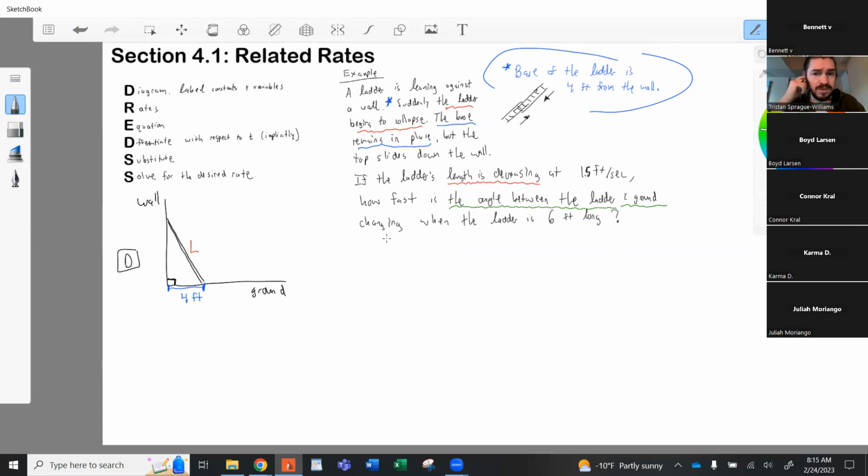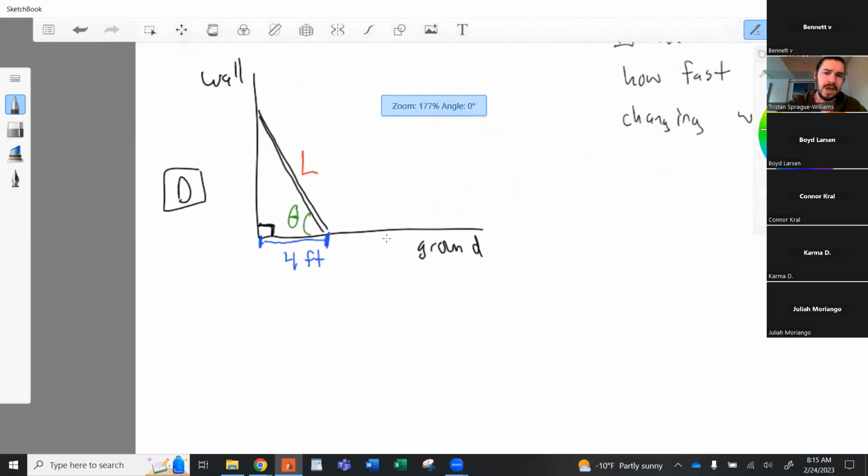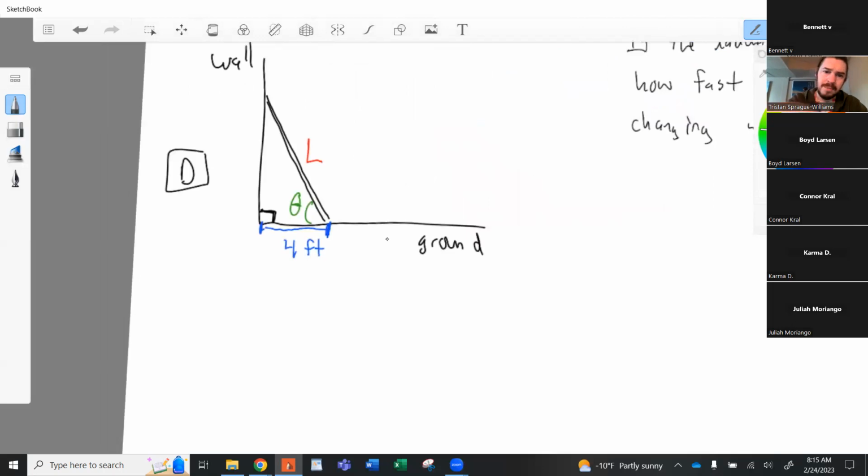And it makes sense that it would be variable, because what's going to happen as the ladder gets shorter? In our diagram, we can imagine that the ladder is going to slide down the wall like this, like it's going to pivot around that point right there. And the top of the ladder will slide down like that.